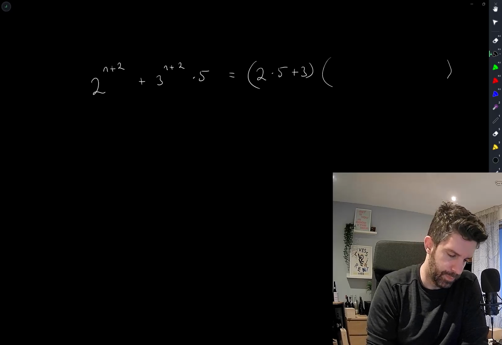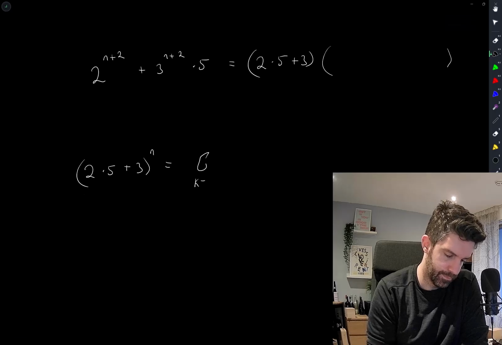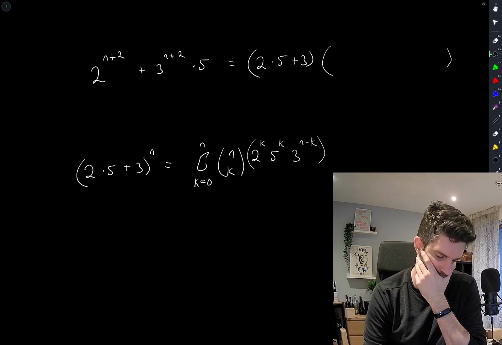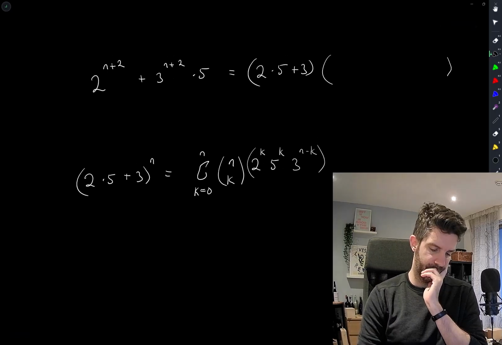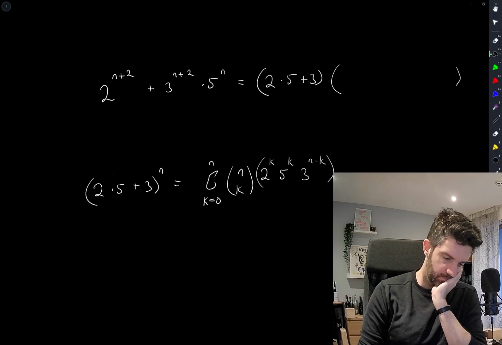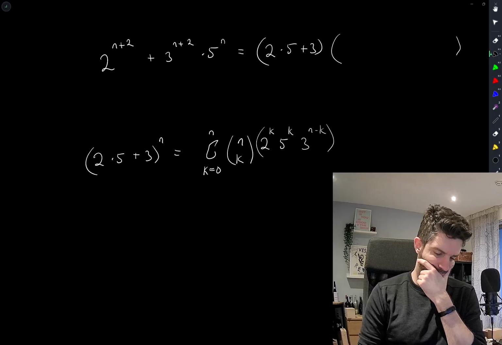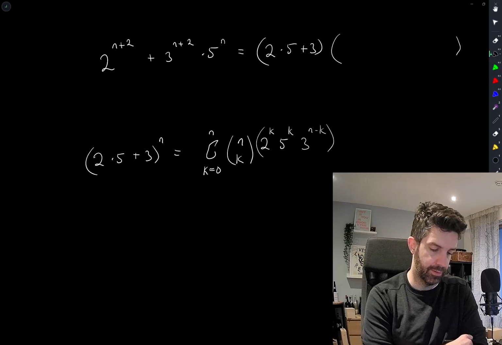Okay, what if I just expand 2 times 5 plus 3 to the n? Maybe it's not supposed to be written to the power of n. Maybe I should write it squared.